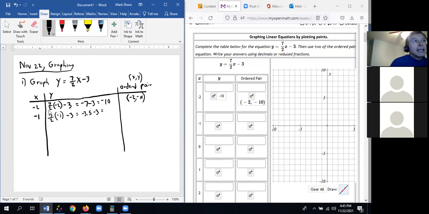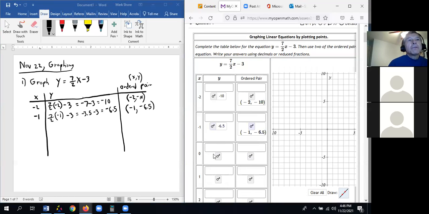If you do this, -3.5 minus 3 is -6.5. So that's a pretty icky point to plot, to tell you the truth, when you're plotting whole numbers. While that is the point, you can see it there: -6.5, and then the ordered pair, you put the X and the Y together. It'd be -1, comma, -6.5 is the ordered pair, and we can check that here.